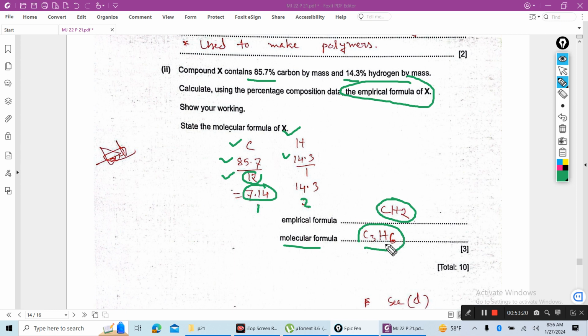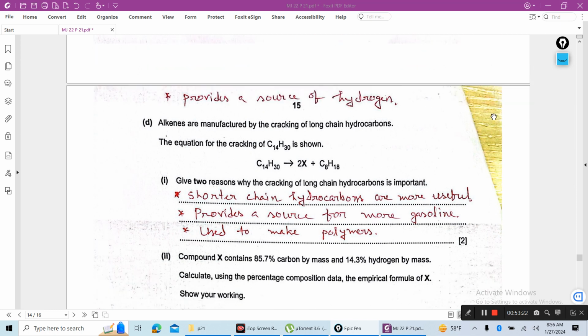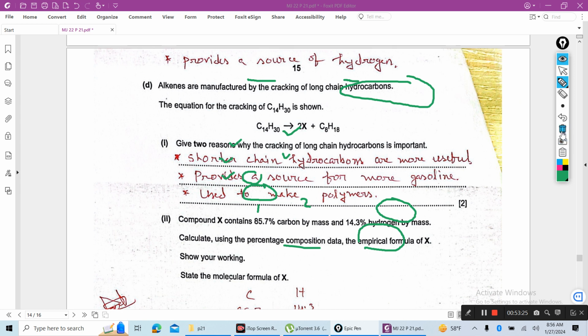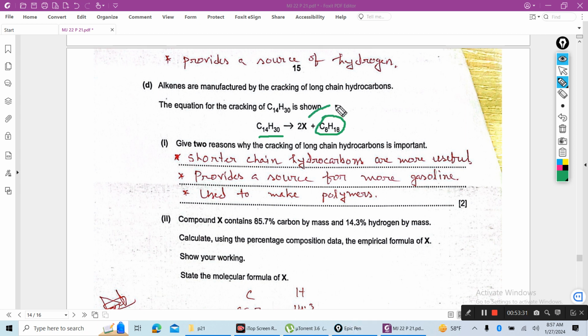So molecular formula will be C3H6. How C3H6? This is from the beginning of the question. Here this octane, so X will be C3H6, then the other is 14 carbon, hydrogen 30, since 12 plus 18 gives 30 hydrogen.